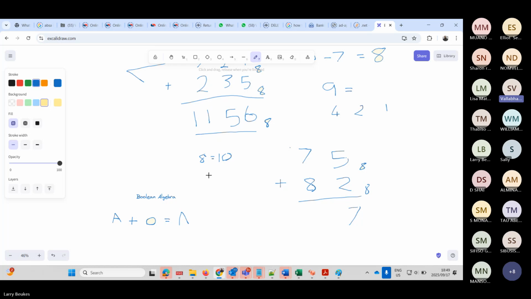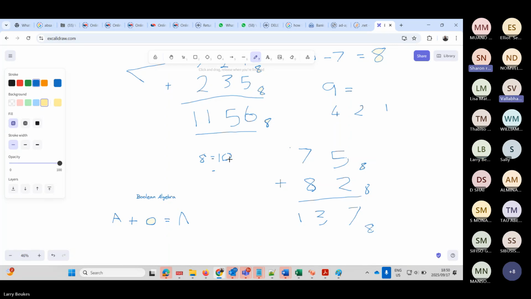So 15 means 8 is 10, 9 is 11, 10 is 12, 11 is 13, 12 is 14, 13 is 15. So now the answer will be 137.